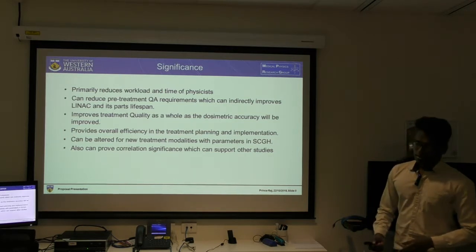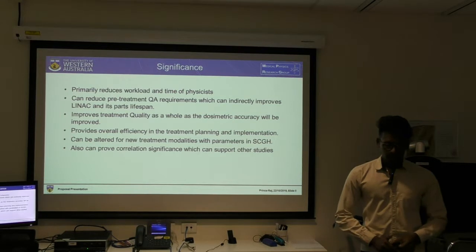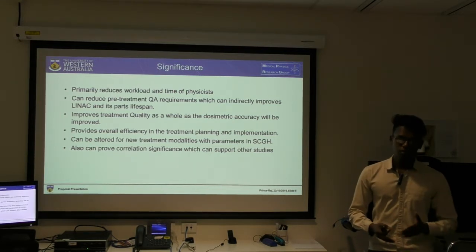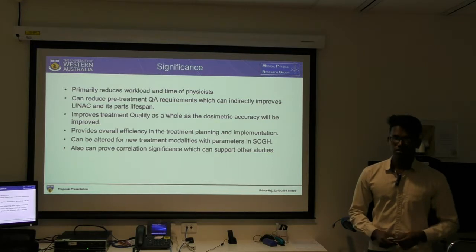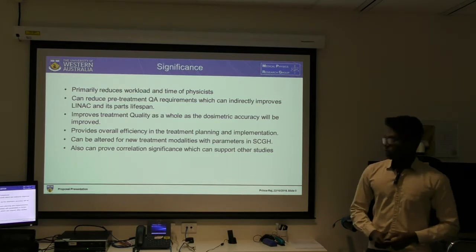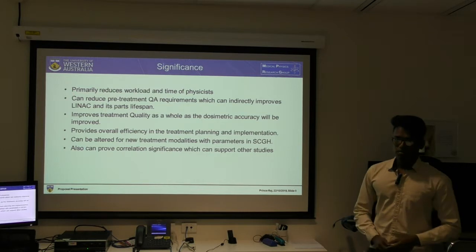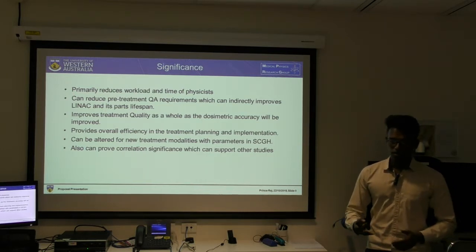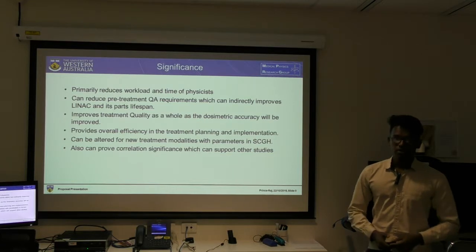It is measured before the dosimetric verification, which is the gamma index analysis. So after finding the correlation and implementing this modulation complexity score, we can avoid pre-treatment QA for less complex plans.